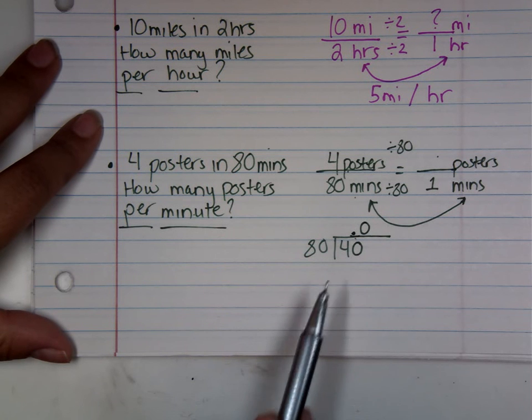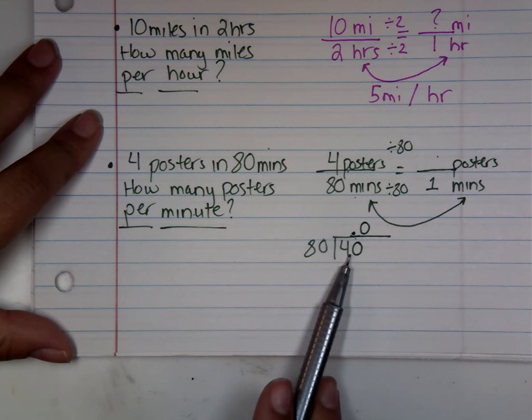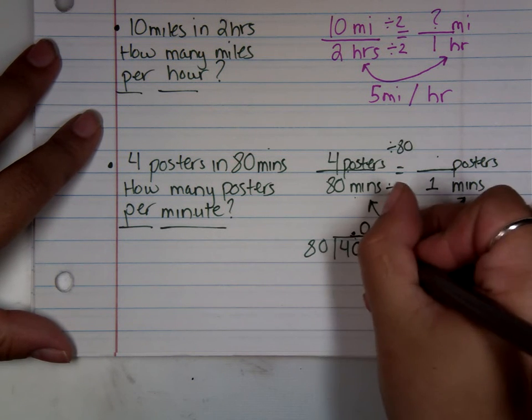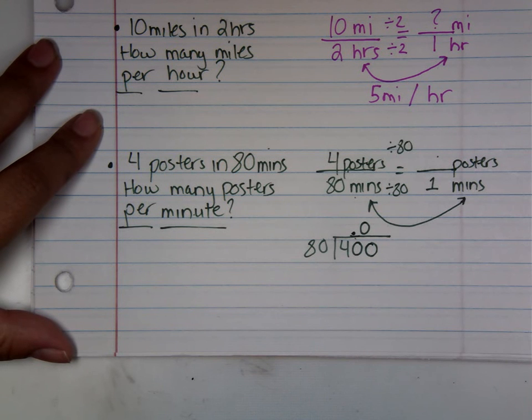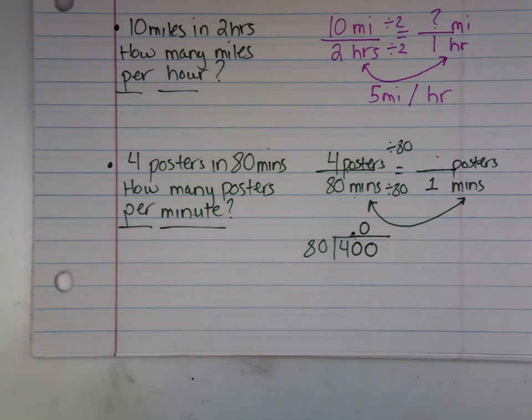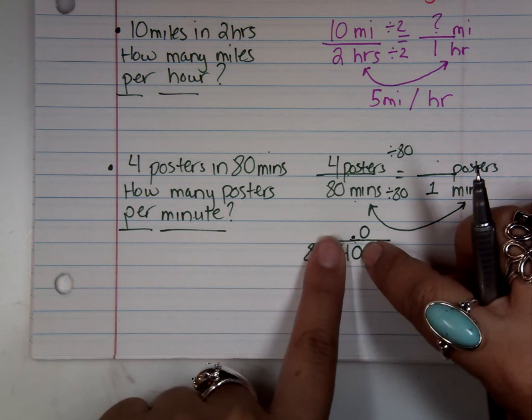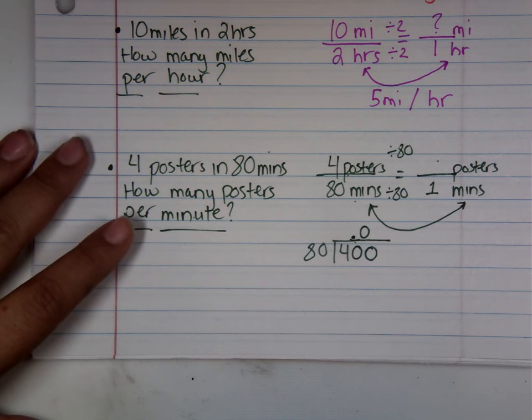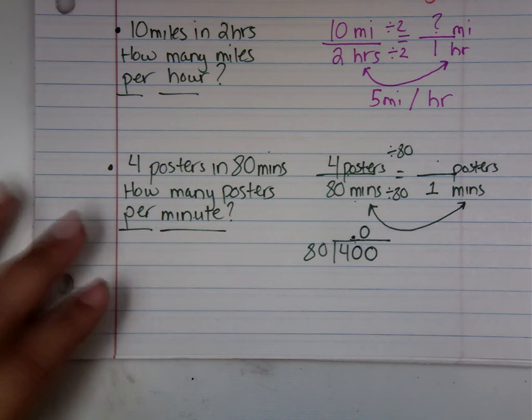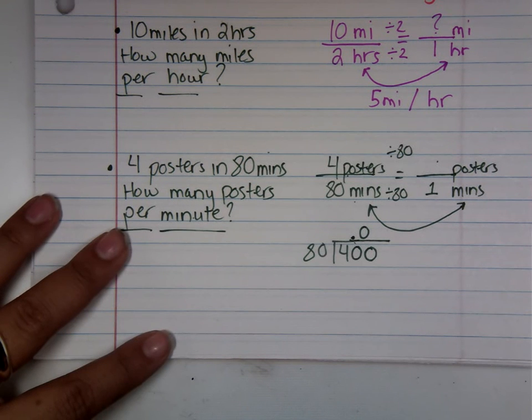It goes in 0 times, so now I need to add another 0 to make this a 400. How many times can 80 go into 400? Now, here's a shortcut. If we cover up these zeros, 8 goes into 45 times. You can pretend it's a smaller number. It makes it easier to divide. So 80 goes into 400.